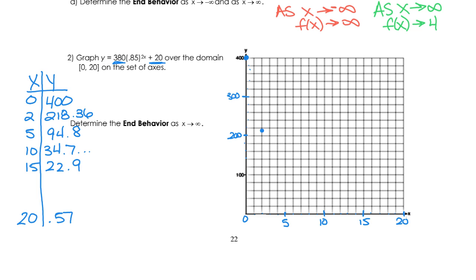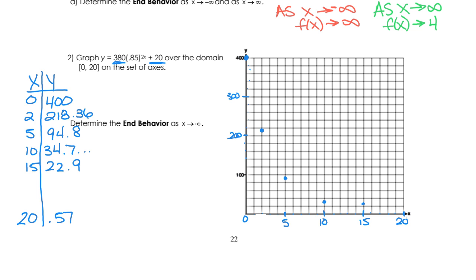So this is 80, that's 100, 90 will be somewhere around here. 10 and 34, so 20, 40, so 34 would be somewhere around here. And then 15 and 22.9, so 20, so right here.